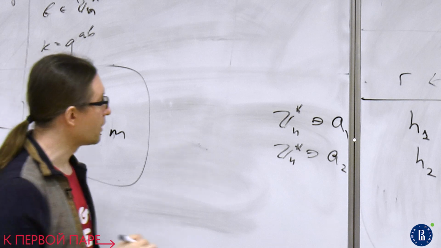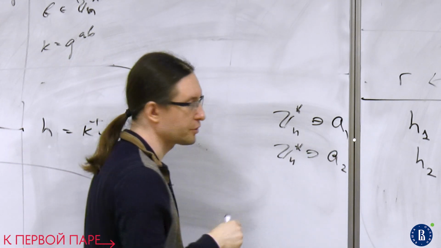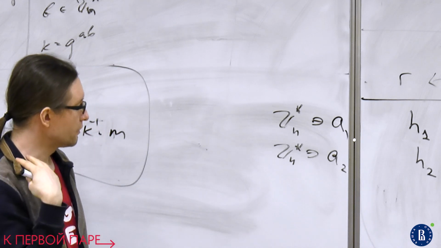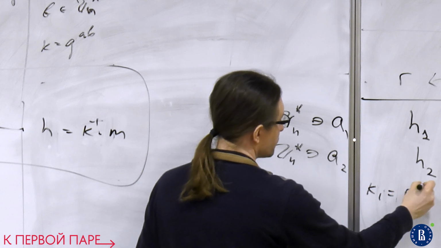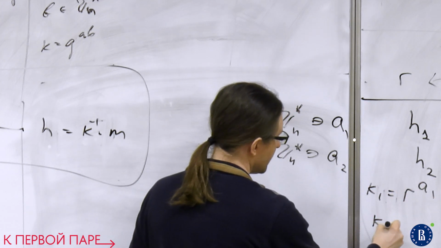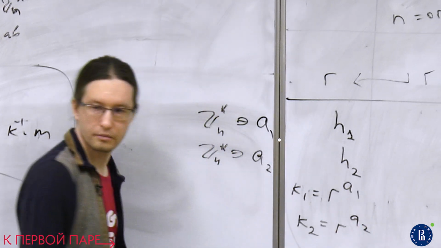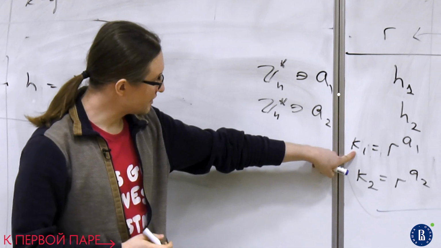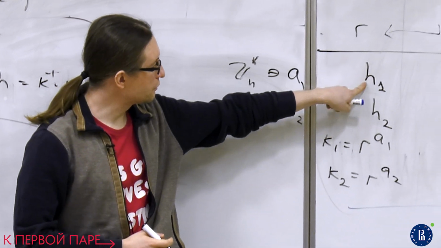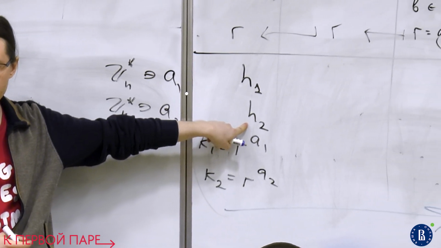Now, for each number, you produce the secret key. k1 will be R to the power of a1, and k2 will be R to the power of a2. And now you use this private key in order to encrypt this message, and this private key in order to decrypt this message.